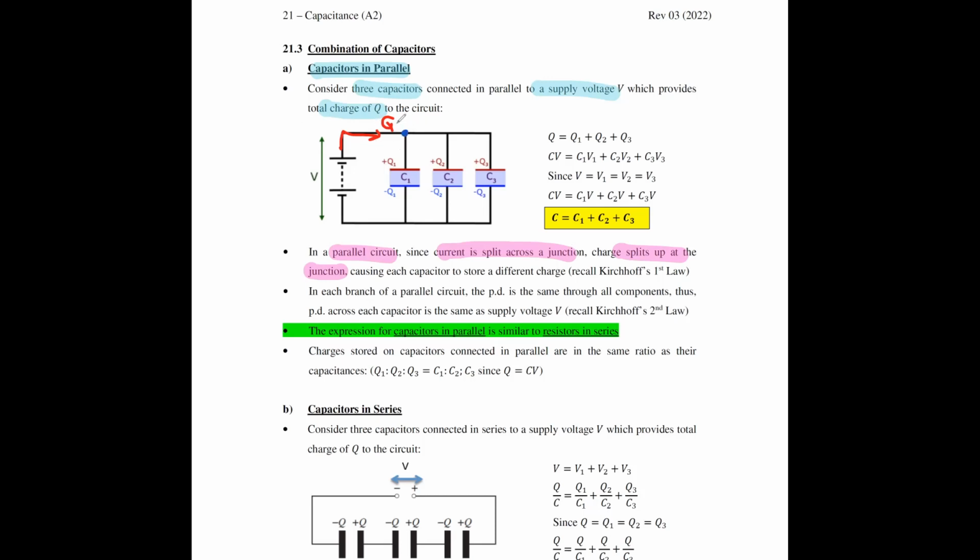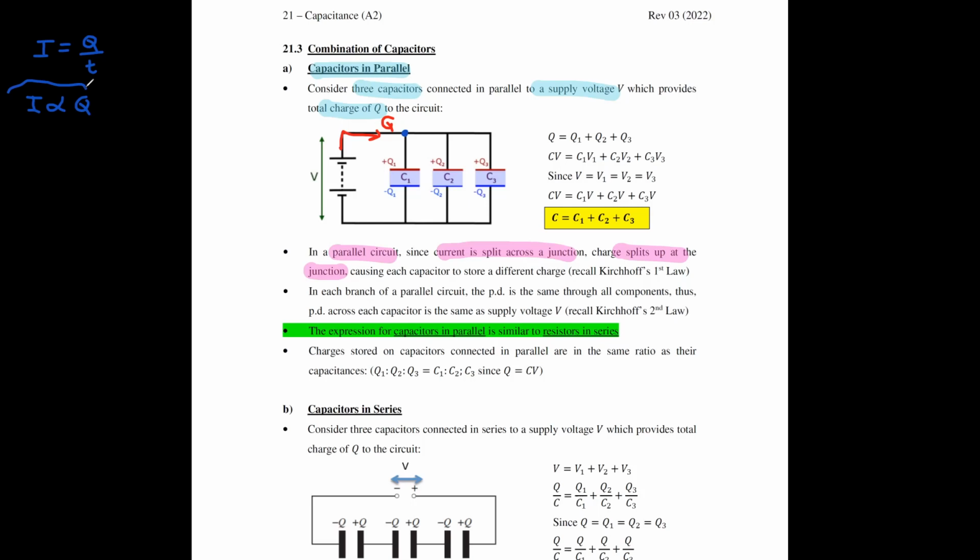Now, current and charge are closely related because current is the rate of flow of charge, right? Where I is proportional to Q here. So you can just think of it this way: when current flows, charge must be flowing too. When you have more current, you also have more charge. When your current splits up, your charge will also split up.